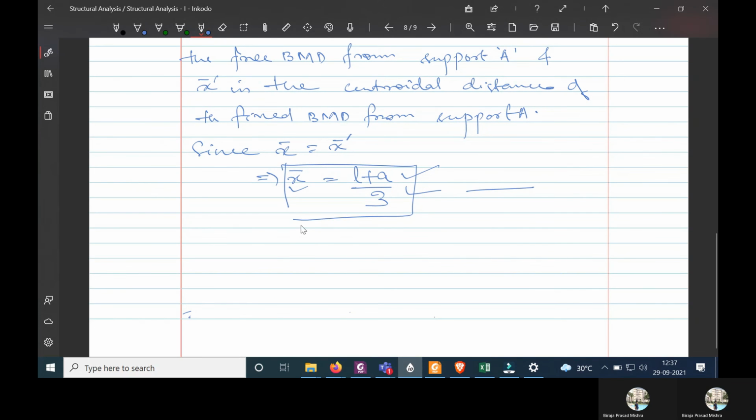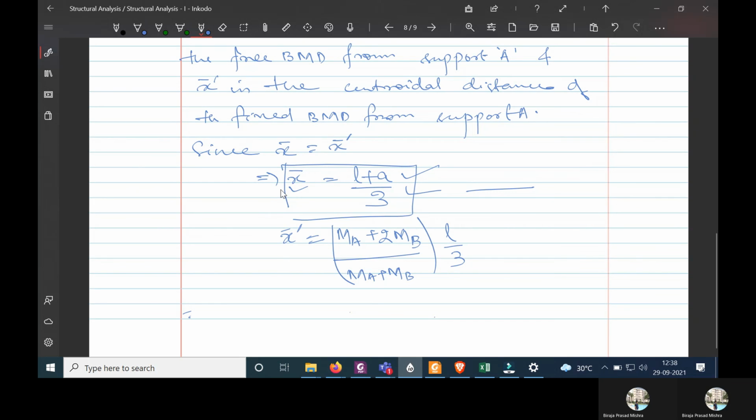So x bar dash is for the fixed bending moment diagram. The value of the centroid x bar equals MA plus 2MB divided by MA plus MB into L by 3.